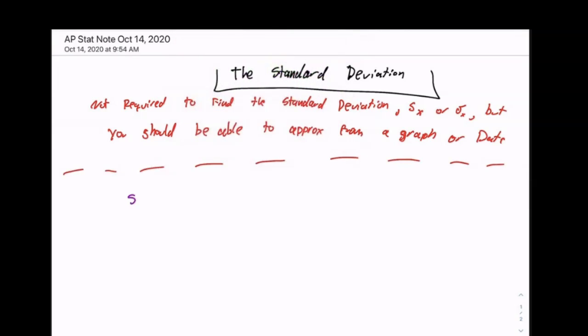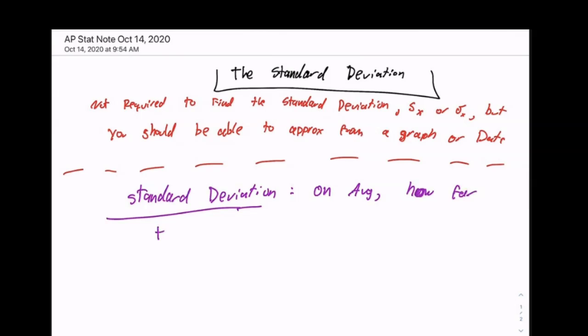So, in layman's terms, the standard deviation, and it's not a beautiful definition, but it gives us a good understanding of what the standard deviation means. It means, on average, how far the data is from the mean.